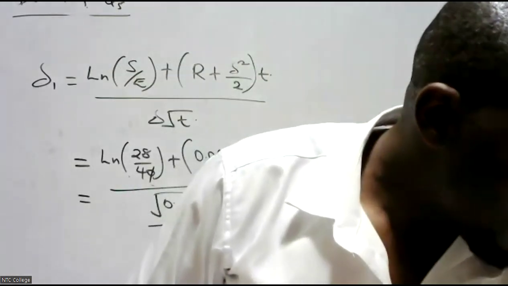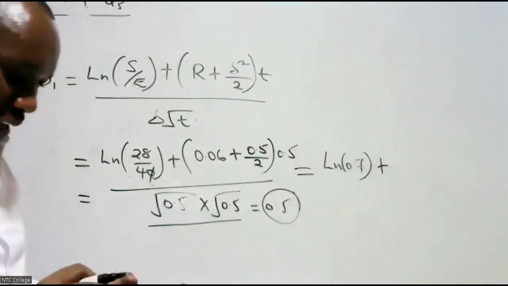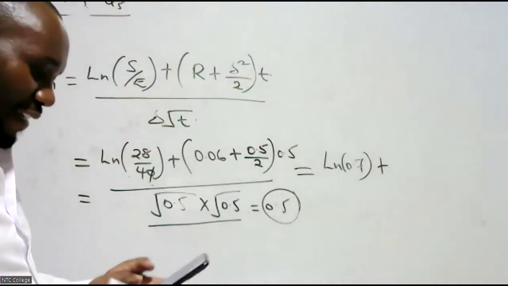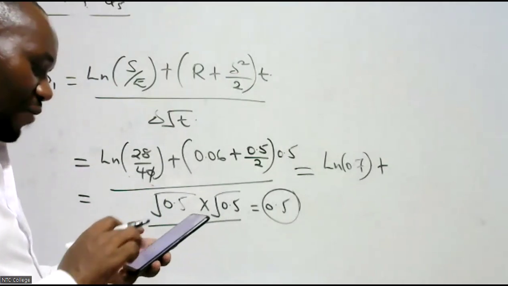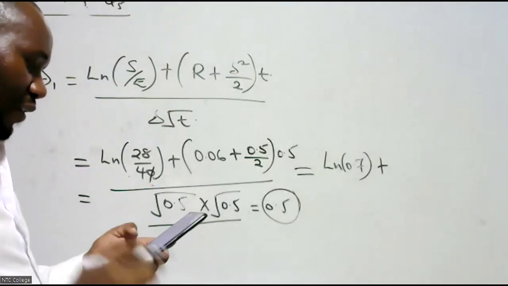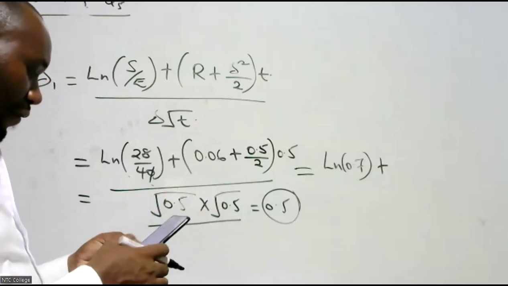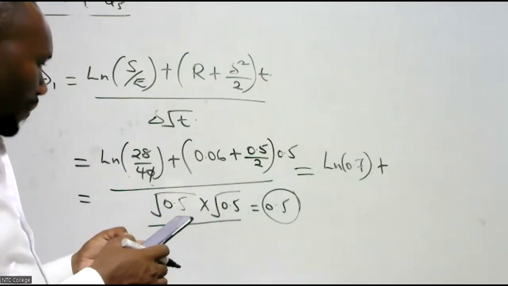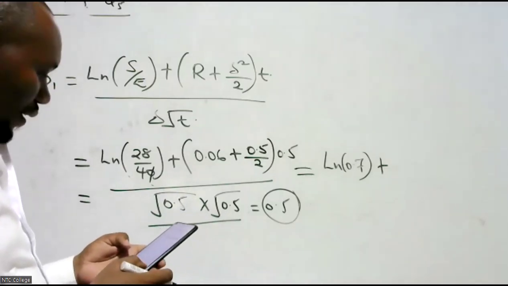Okay. You guys are not helping me. Calculator, hold it like this. Then press 28 divided by 40. You get that, number 1. Number 2, 0.5 divided by 2. You get some answers there. Then you add plus 0.06.